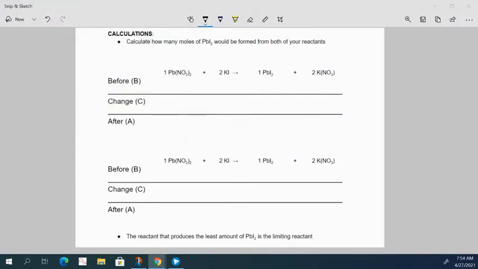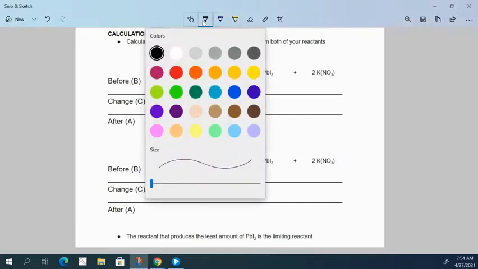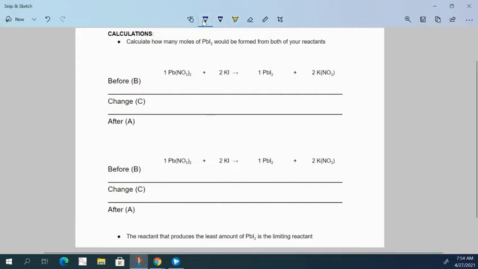So let's do that first. I'm going to go off to the side here. So we got PbNO3 twice, so we got to figure out the molar mass of that. Let's see, we got 207 for Pb.